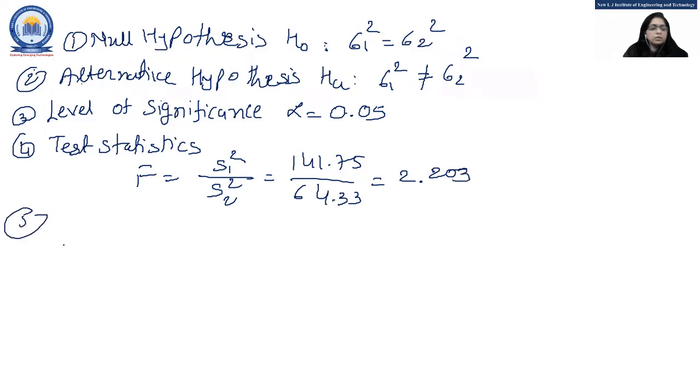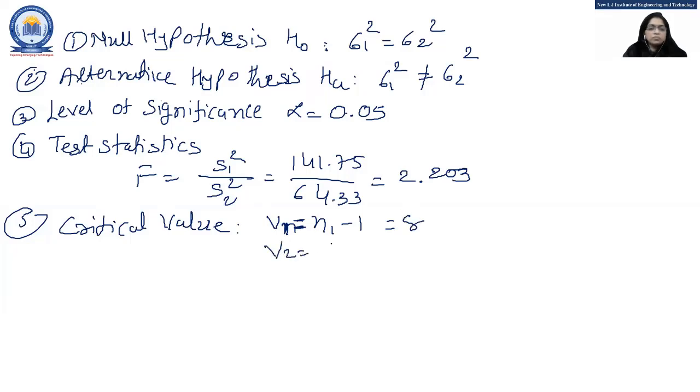So fifth one, critical value. V1 is n1 minus 1, and here it is 9 minus 1, so 8, and V2 is n2 minus 1, 7 minus 1 is 6.